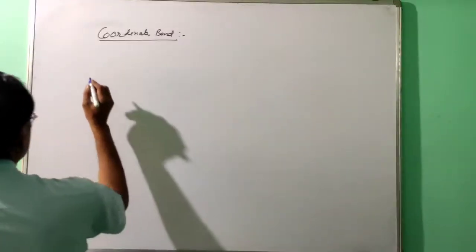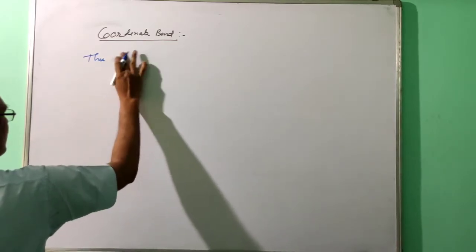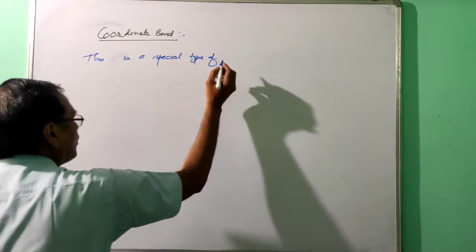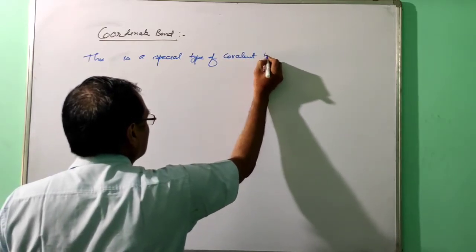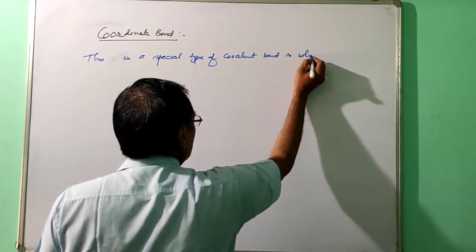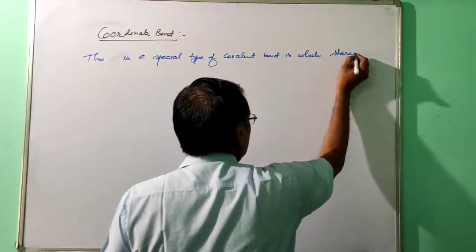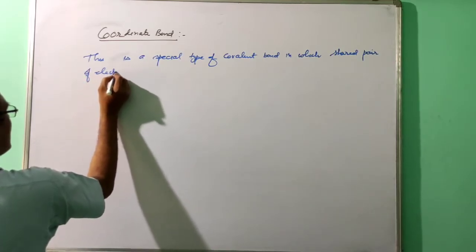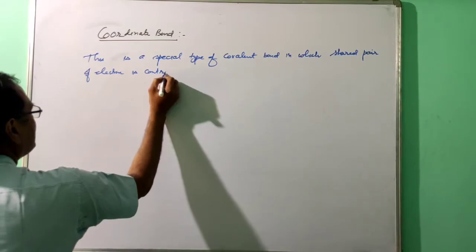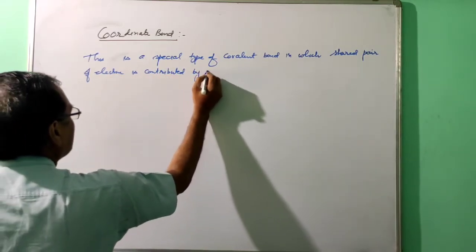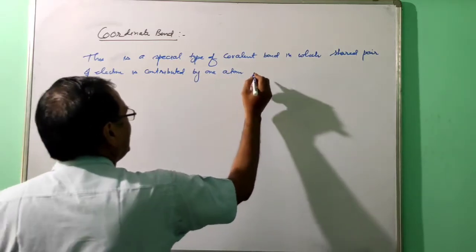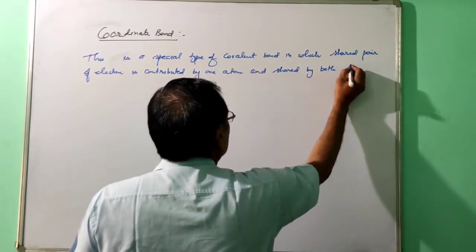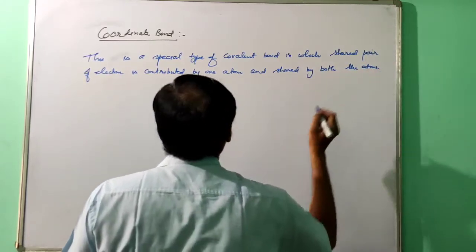So this is a special type of covalent bond in which the shared pair of electrons is contributed by one atom and shared by both the atoms. This is the first point.